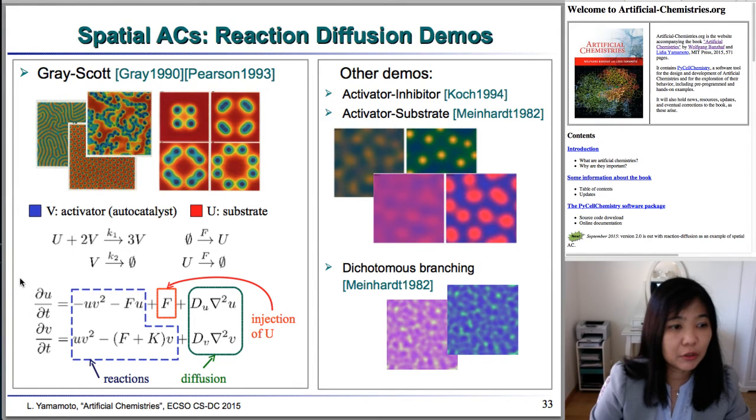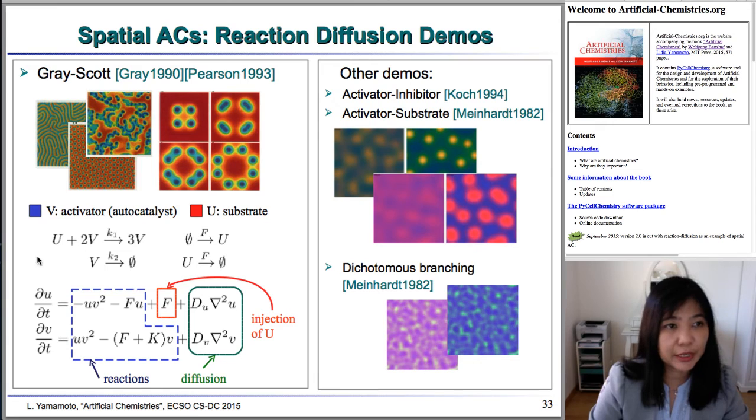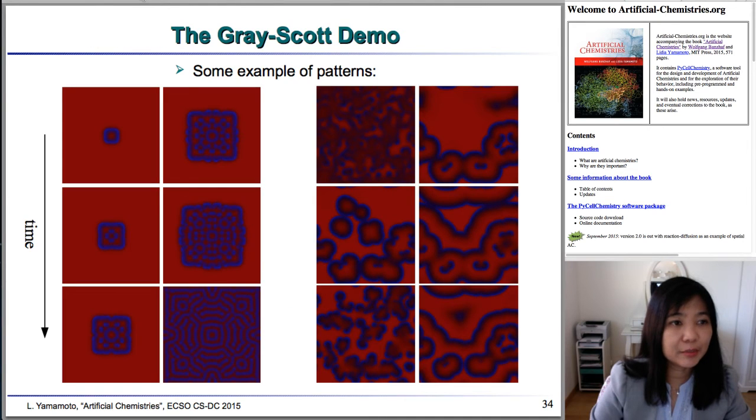Here you have the system of partial differential equations that result from this system of reactions. But actually in artificial chemistry you don't need to look at the differential equations directly. The implementation just looks at the chemical reactions, as we saw in the Lotka-Volterra example. Other demos are already there as well. And here is some example of patterns.